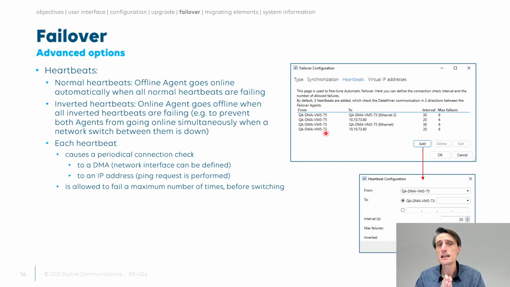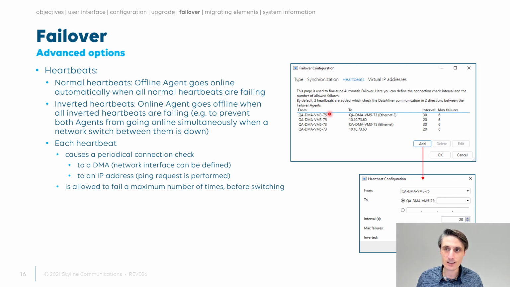Now the heartbeats, that's an important page because that will define when DataMiner can decide to do a switchover. You will find in there two normal heartbeats. Basically, here we have the agent 75 and the agent 73.